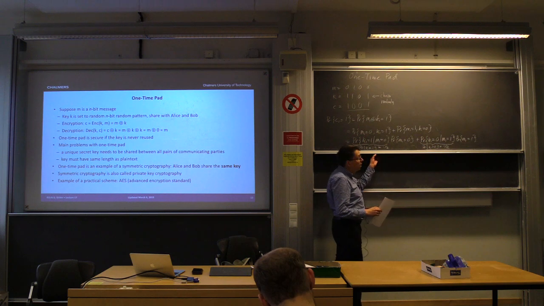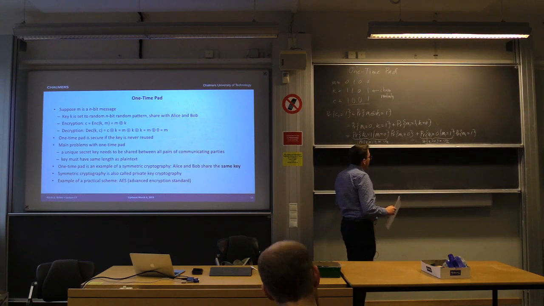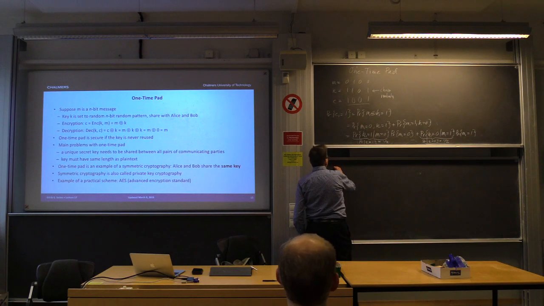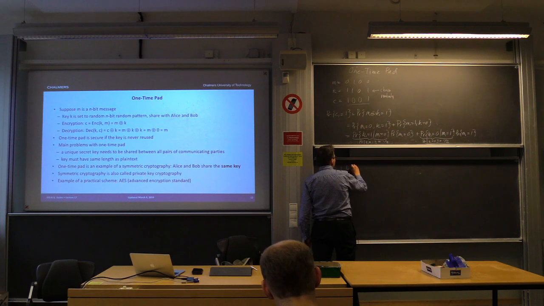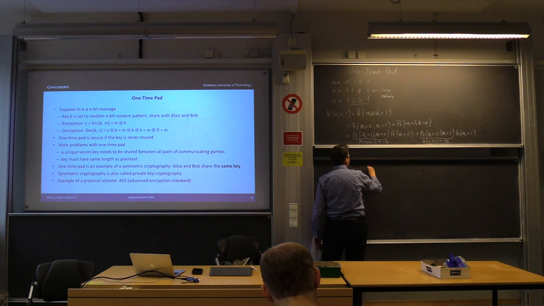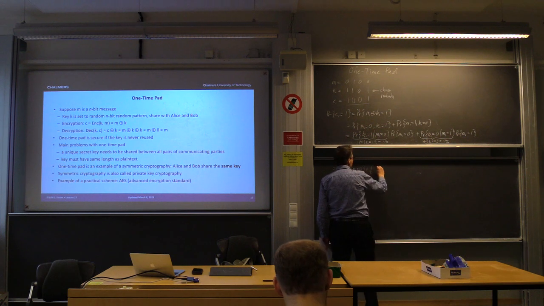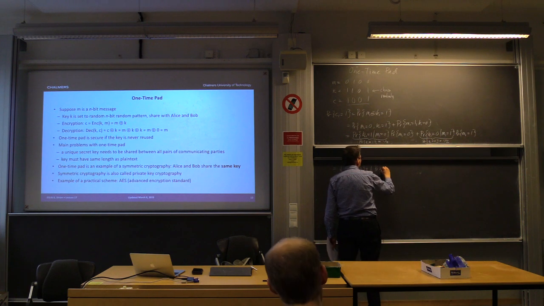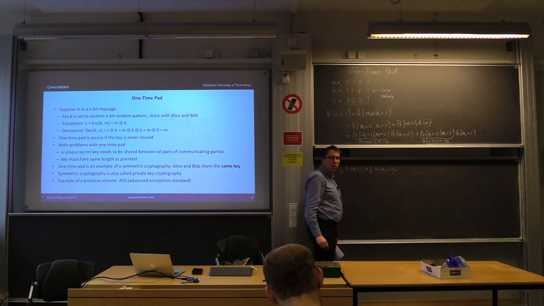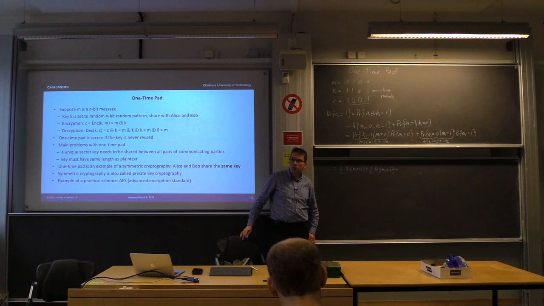Okay, and now we're almost done. We continue here and say, okay, so this is 1/2 times the probability that M1 is equal to 0, plus 1/2 times the probability that M1 is equal to 1. And what is this?